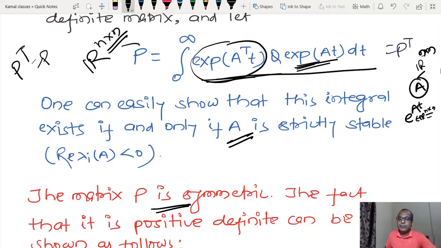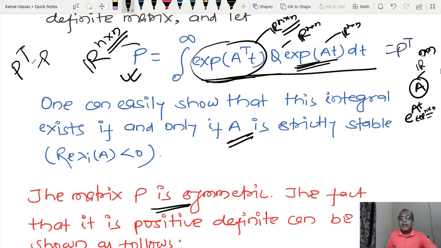It remains the same, sir. Due to that reason this is an n cross n matrix. Do you have any confusion now? And Q is also an n cross n matrix, and this is an n cross n matrix. So what is the dimension of P? N cross n. Due to that reason P is an n cross n matrix, that is not a scalar, okay.